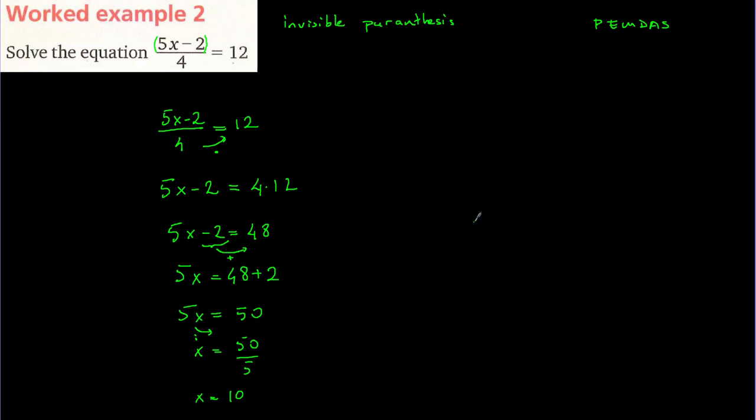Okay, here for the invisible parentheses, again I'm repeating, we are also going to solve that kind of questions. Here there are invisible parentheses because there are two terms divided by 4.